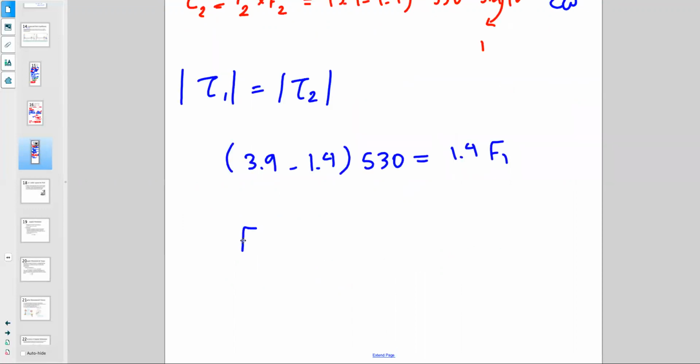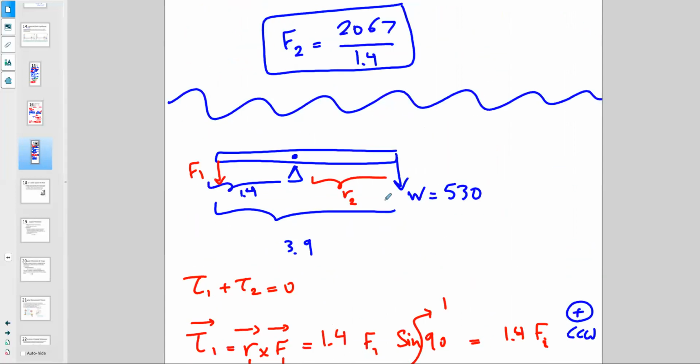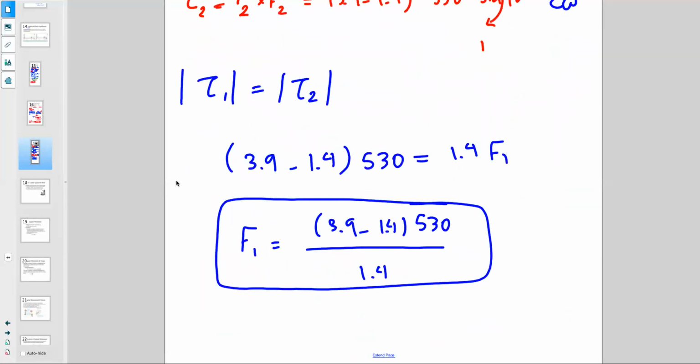In other words, if you want to find F1, you have (3.9 minus 1.4) times 530 over 1.4. And that would be the value for F1 here, which is this one. So we found both of them. We found both cases.